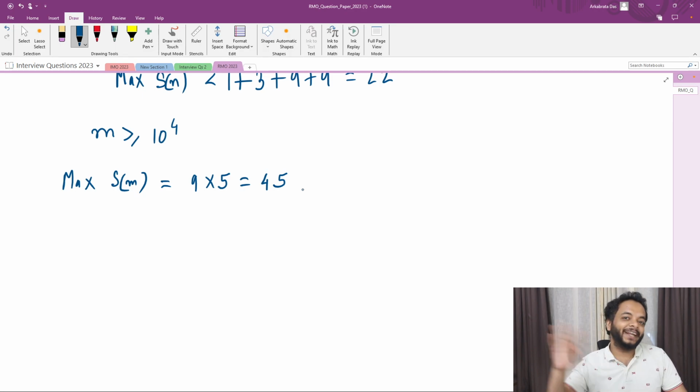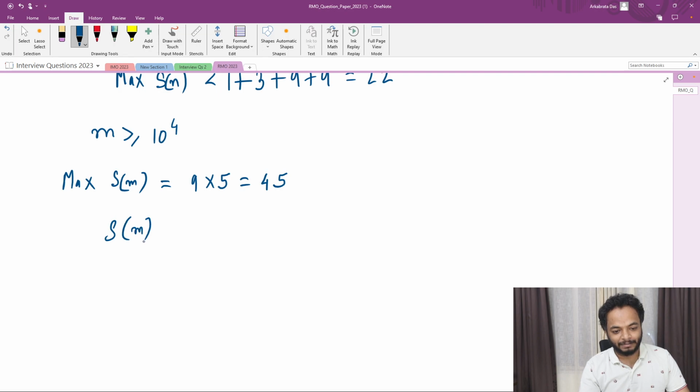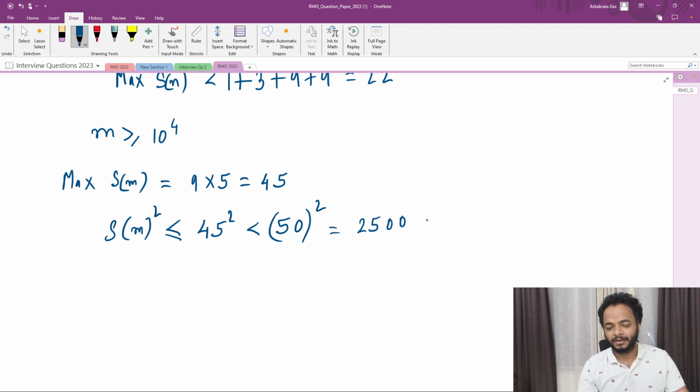You are very, very far away from 10 to the power 4. So Sm square is less than or equal to 45 square, and 45 is strictly less than 50, so I can even say that this is less than 50 square, which is 2500, way less than 10 to the power 4.